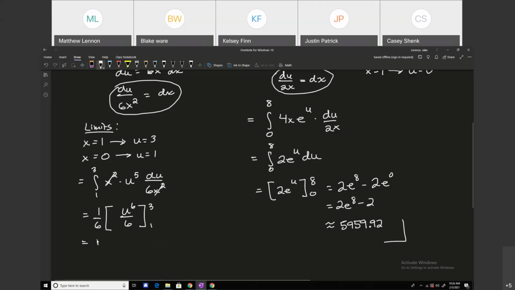So for this problem, it should be 1/6 times 3 to the 6 over 6 minus 1 to the 6th over 6. And when you plug that into your calculator, you'll end up getting something like, well, it's exactly 20.2 repeating.